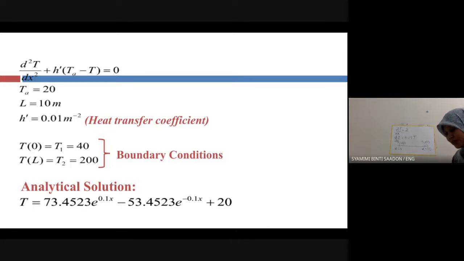I'm going to assume that T prime, meaning dT/dx, at the initial point, T prime 0, equals 200. It's just an assumption, I just take a value in this range.